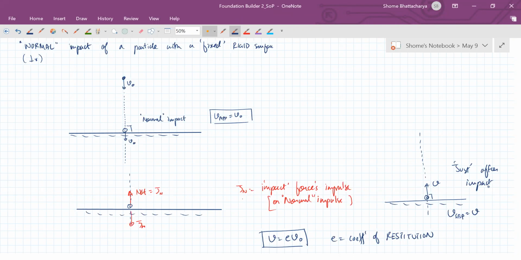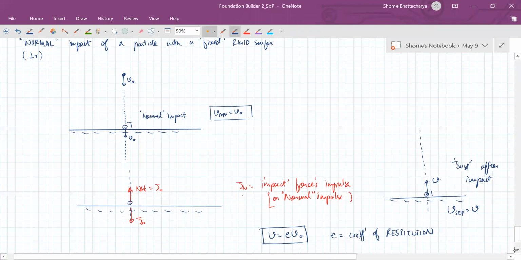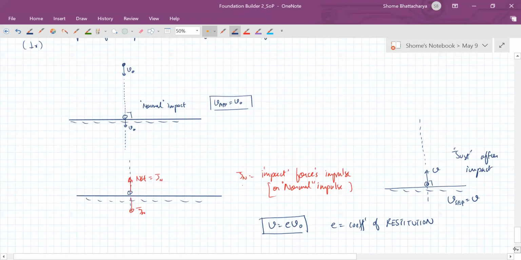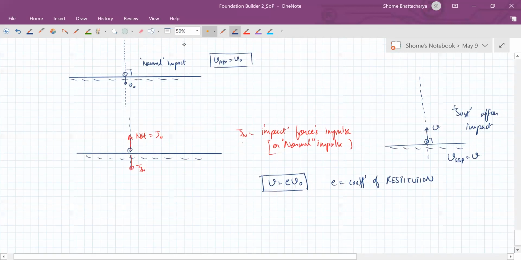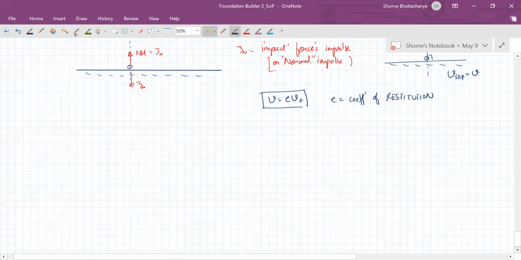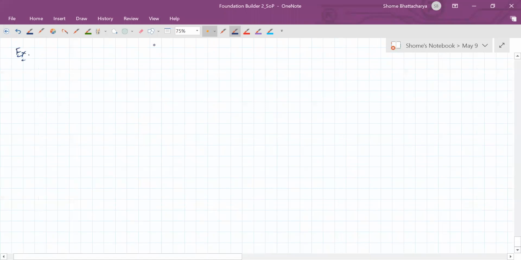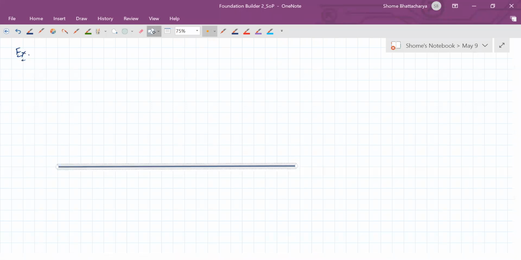Okay, so this is clear. Let's look at a quick question based on this now. So again, these are very common questions at JEE Mains type of level. So let's say you have something like a tennis ball. Now you drop it.